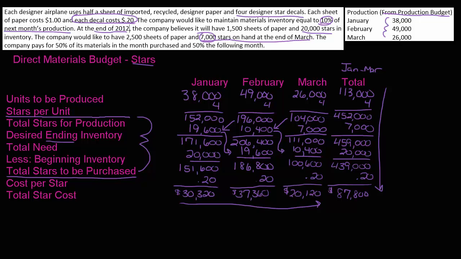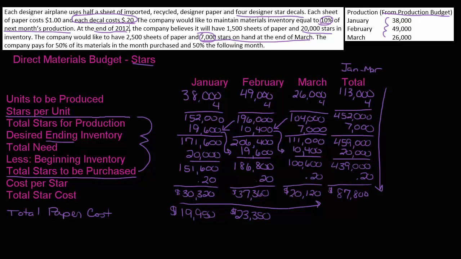Now this is my total star cost. I'm going to add in my total paper cost, because remember we had two different materials. So my total paper cost was $19,950. This is from the previous budget. For February, I've got 23,350.